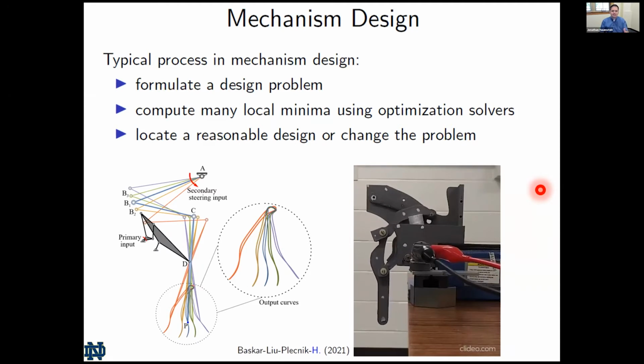If they don't find a design they like, then they tweak the problem a little bit, rerun the optimization, and repeat the cycle. So it's a lot of iterating between optimization and formulation. That's where the art of mechanism design comes in: the designer can take this output and tweak it so that you get something that has all the properties that they want.